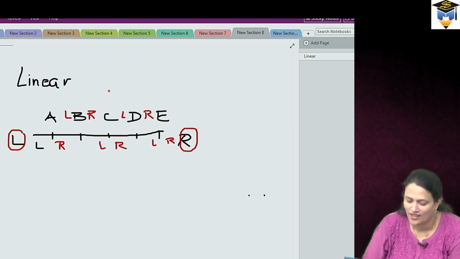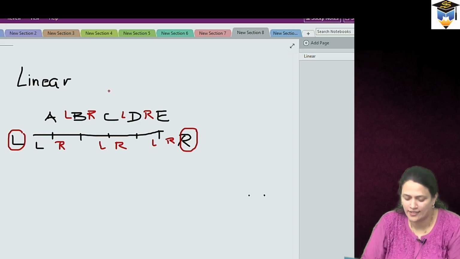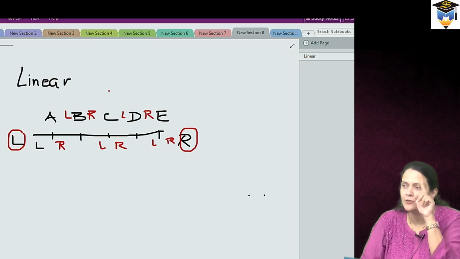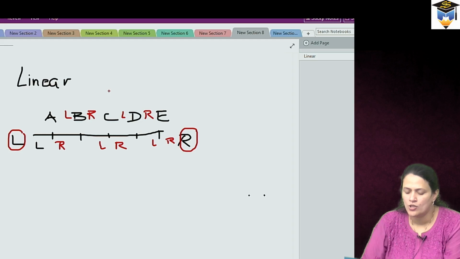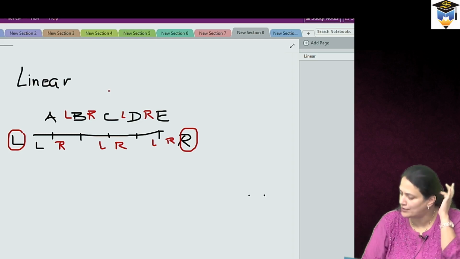Okay, D is to the immediate right of E. Next, second point in conclusion, to the left or to the right. So we can write it down as A, B, C are to the left of D. Example, write down.